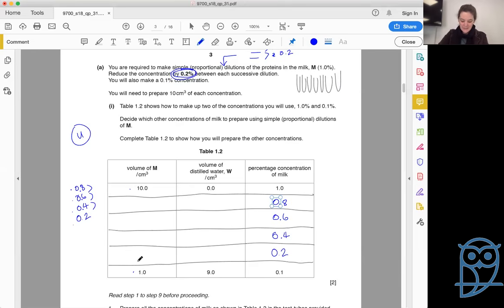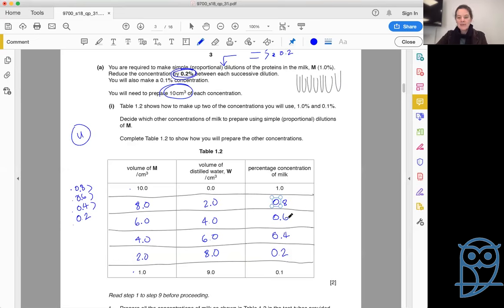So 2, 4, 6, 8. See how they've gone to 1 decimal place? So do we. We always match. So 8 plus 2 makes 10. 6 plus 4 makes 10. 4 plus 6, 2 plus 8. Because remember, we wanted to make 10 centimeters cubed of each concentration.